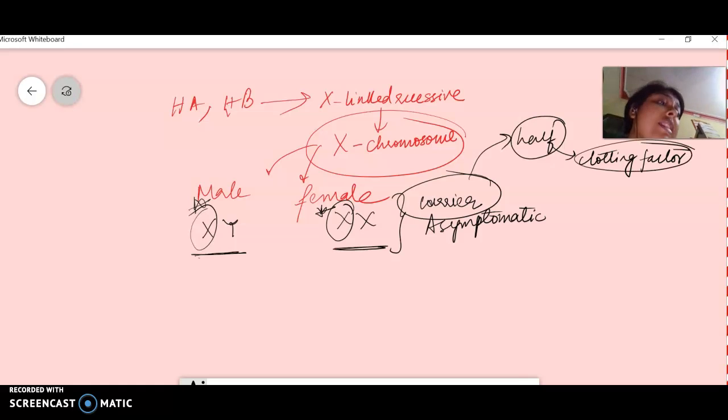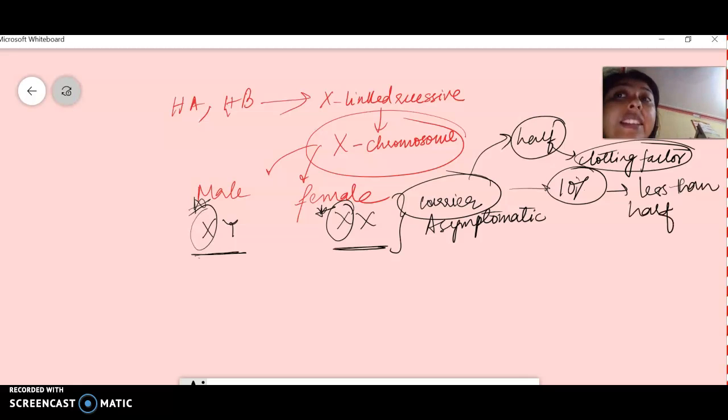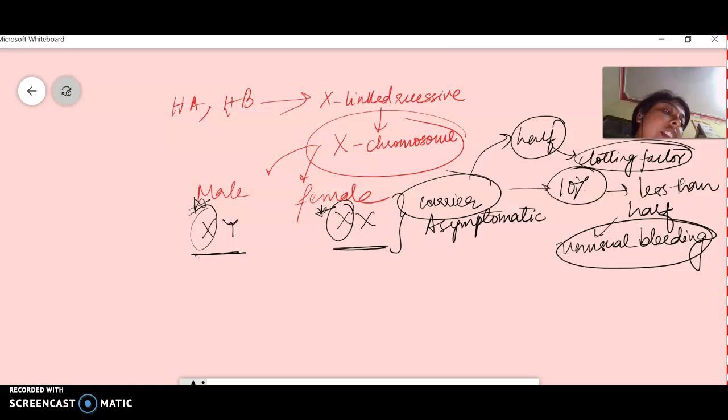So that is why they don't realize that they are the carrier. However, there are 10% of women who have less than half clotting factor, and those who have less than half clotting factor are prone to unusual bleeding. Then that individual comes to know that she has the bleeding disorder.